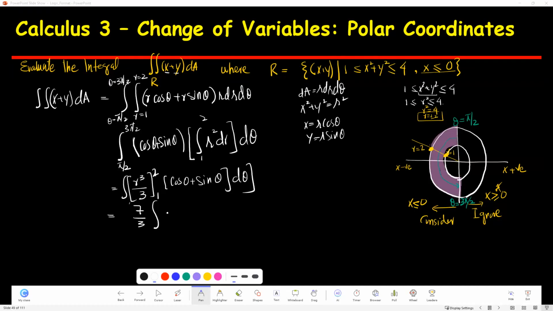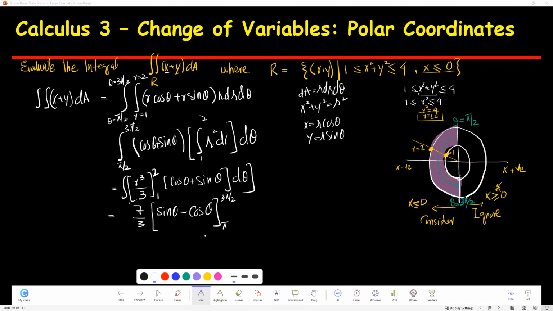Okay. And inside the parentheses, I'm going to take the integral. Since I have limited space, I can just take the integral right now. So I'm going to remove this integral and take the integral. The integral of cos is sine theta, and of sine theta is minus cos theta, from pi by 2 to 3 pi by 2.